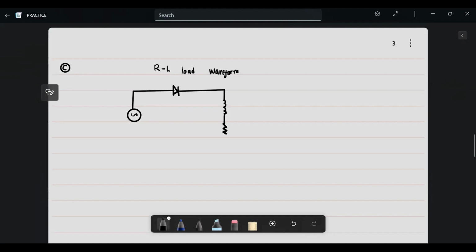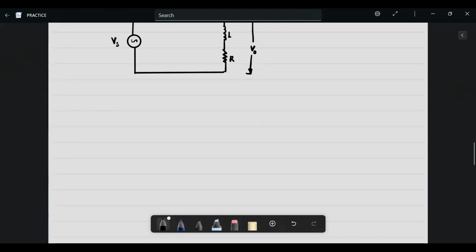It's an RL load. This is R, this is L. Now I want to see the behavior of this. We're collecting the output voltage from here. This is the source voltage also, and then you have a diode here.